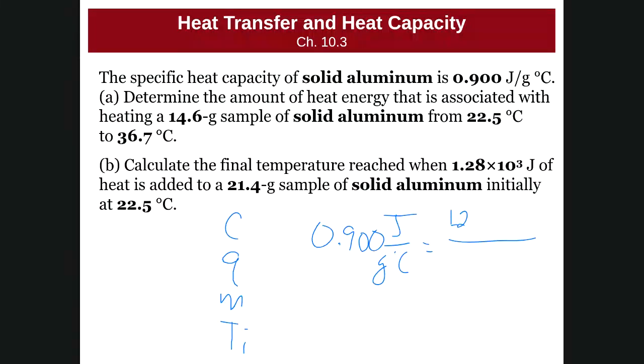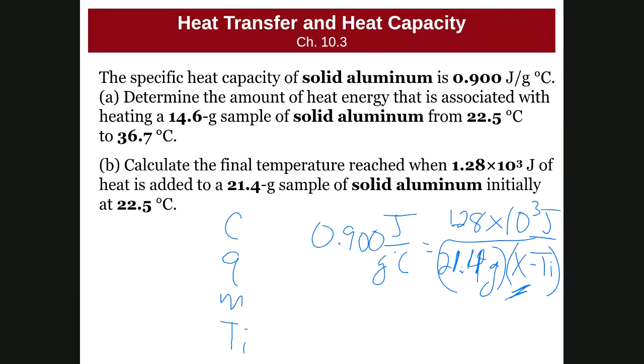If I write that all out again, you guys can see how it was solved. So we get 21.4 grams, and our X minus T initial. We were solving for X. All right, so that's how you do it if you guys want to try it at home.